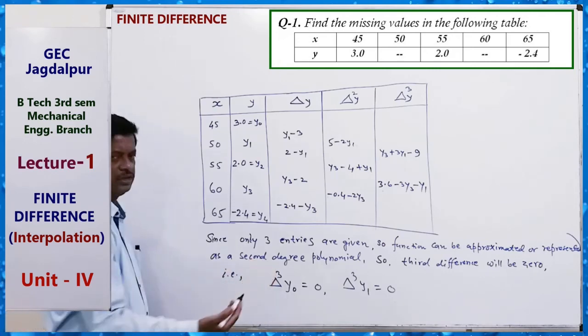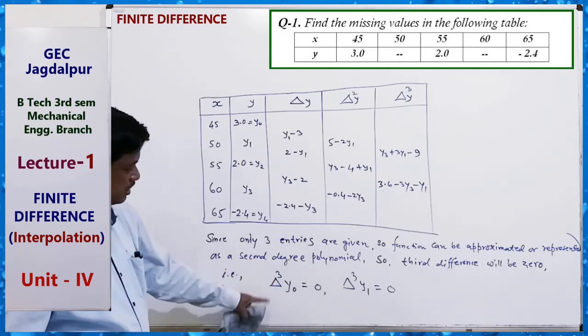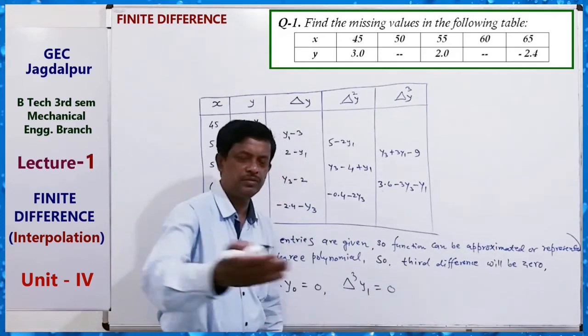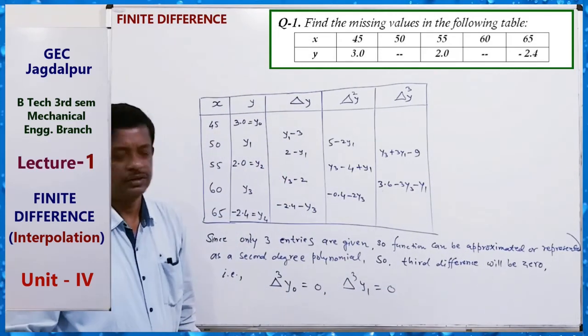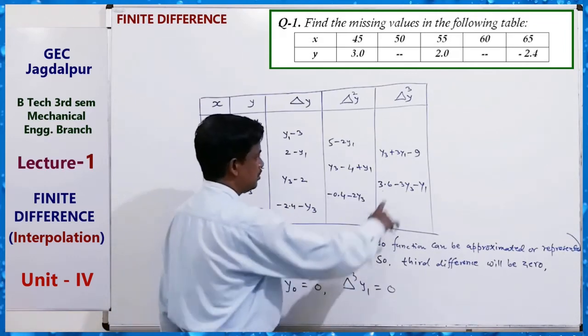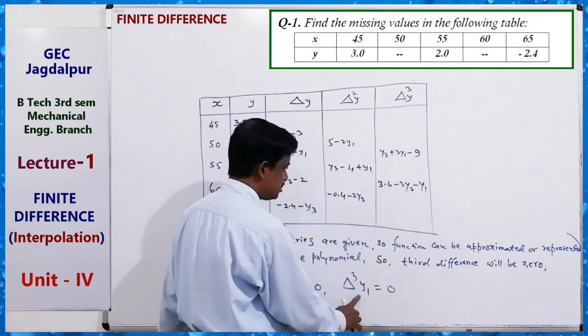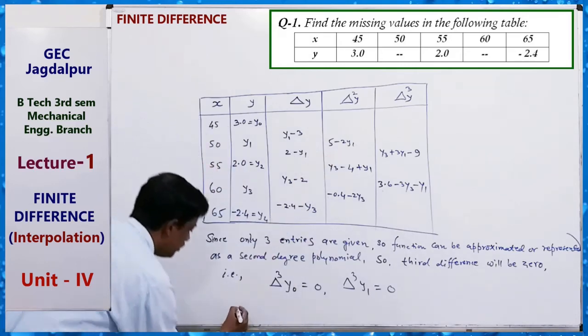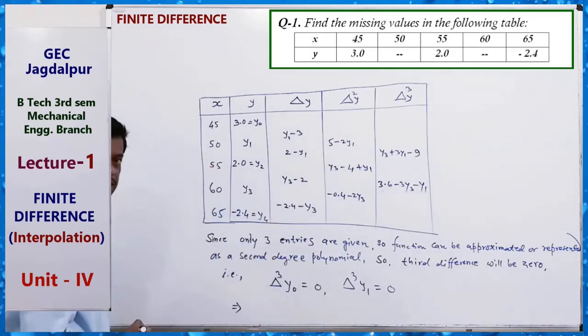Now, from here, this means the third differences of y0, y1, y2, y3, y4 are all 0.